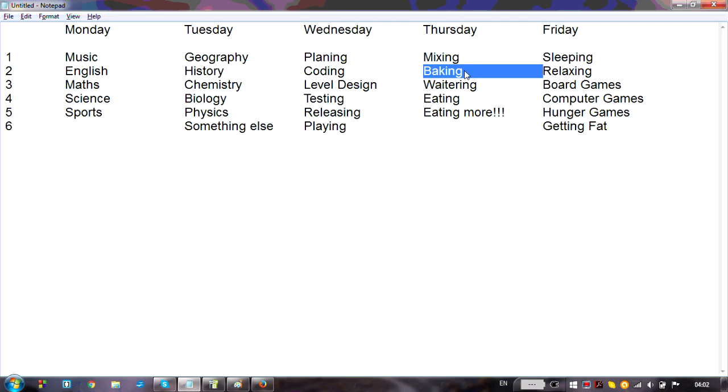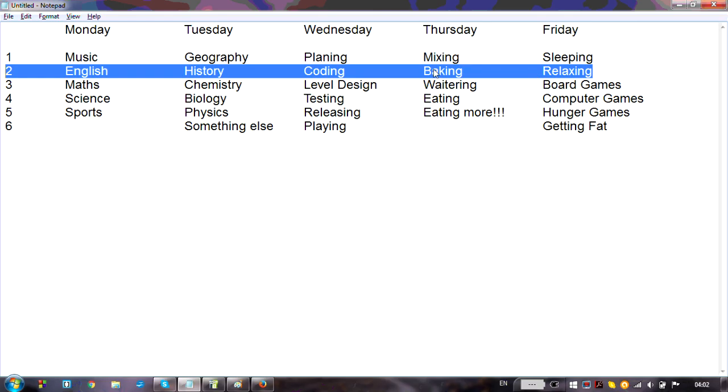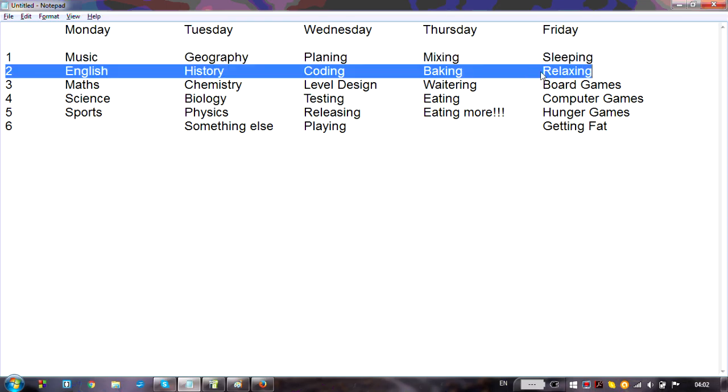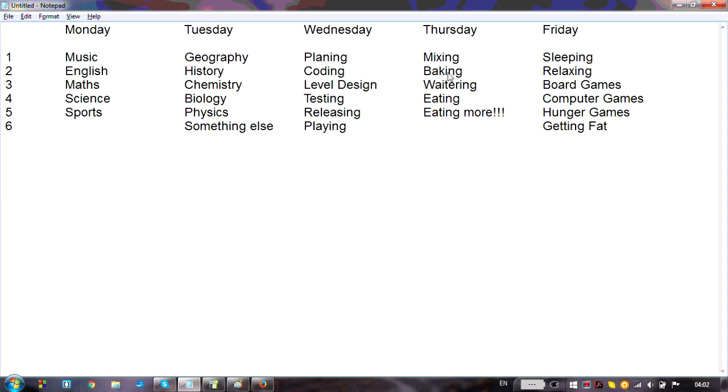Okay. I wonder what the left cell in the table means. It says coding. It's on the same line as baking, but it's on the left. Well, this means that on the previous day of the week you will have coding, but in the same hour, in the second hour of the day. Okay.